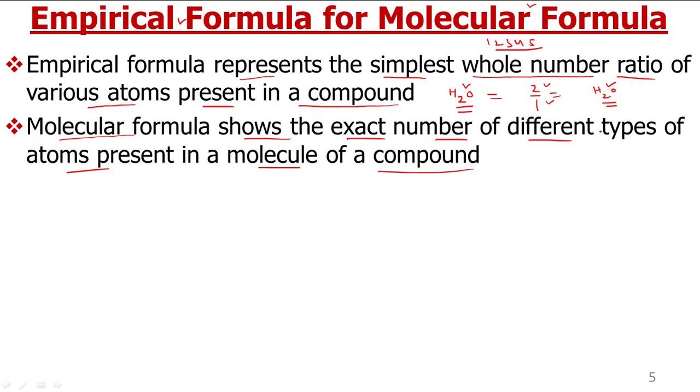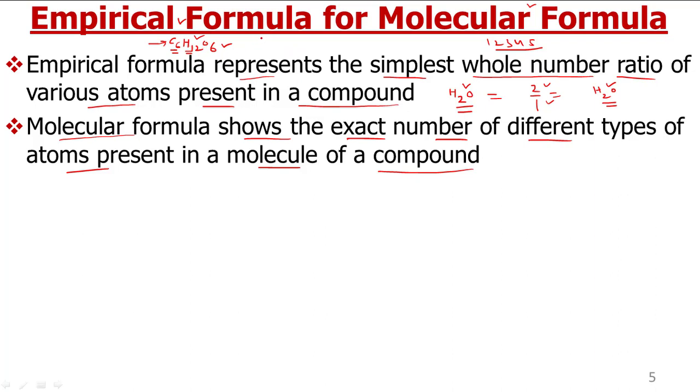Now let us calculate for something else. Suppose we have glucose. Glucose is C6H12O6. It contains 6 atoms of carbon, 12 atoms of hydrogen and 6 atoms of oxygen. When we represent the formula as the complete number of atoms of the compound, we call it its molecular formula. So it is the molecular formula of glucose. But in order to calculate its empirical formula, we take the ratio of the atoms.